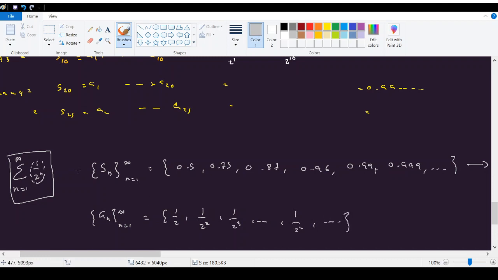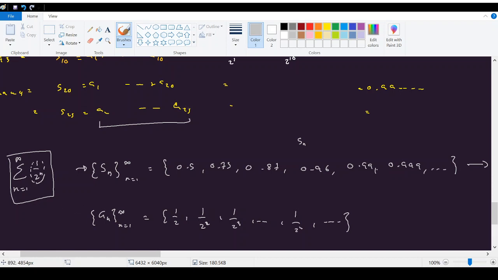But this is a different sequence. This is the sequence of partial sums. And how did we obtain the partial sum? The nth position of this partial sum sequence represents the addition of the first n terms. These two are different things.